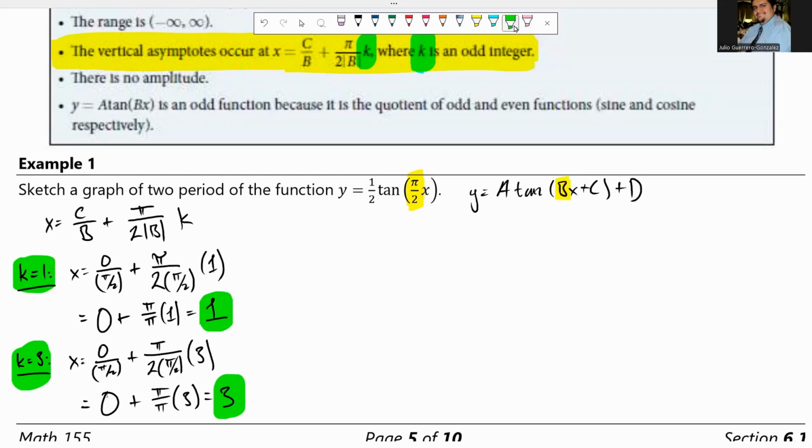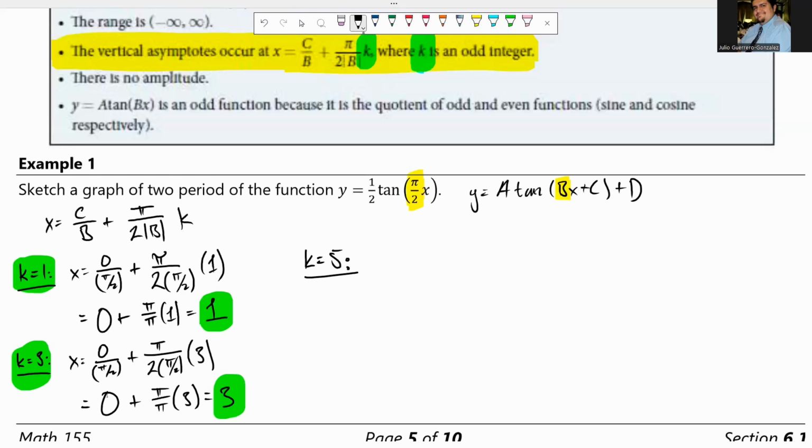What I like to say when I teach this in pre-calc is you tend to use only maybe the first two, maybe a third one, and what you start to see is a pattern. A pattern starts to show up. We did k equal 1, k equal 3. The next odd value, k equal 5. Take a second. What do you think it's going to be? Good.